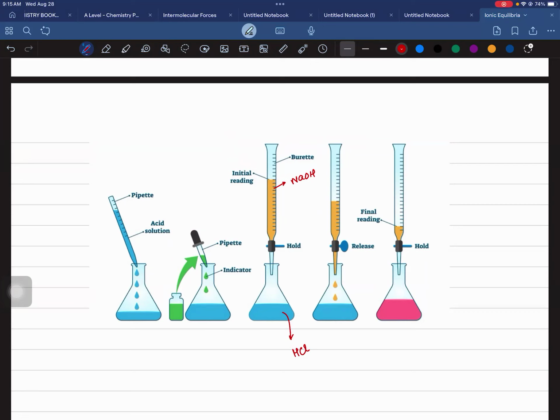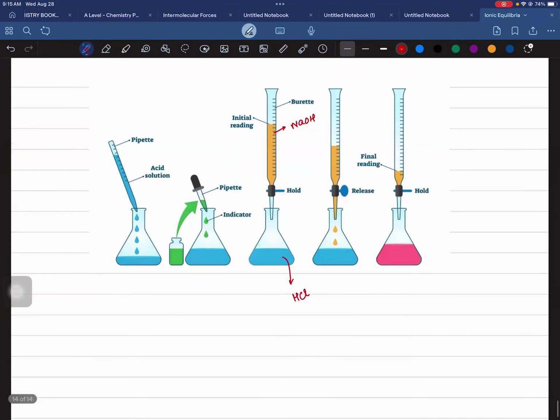Hydrochloric acid plus a few drops of indicator. I think I told you that we were adding phenolphthalein in this conical flask. Basically, phenolphthalein is an indicator which changes its color in the presence of alkali. You know, phenolphthalein is pink in the presence of alkali, but it's colorless in the presence of acid.